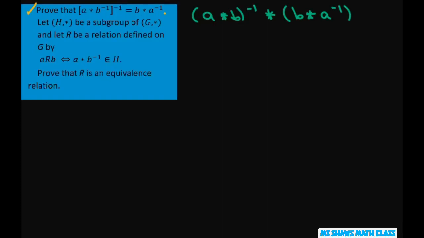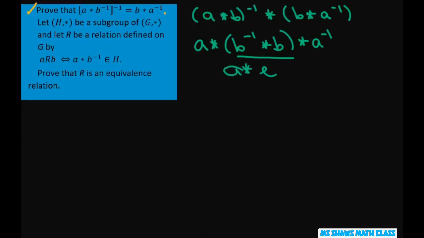Now this is going to equal, by associativity, A star B inverse star B star A inverse. So this equals E, A star E star A inverse.